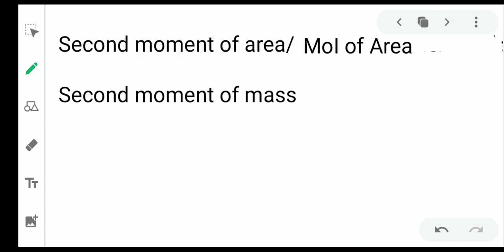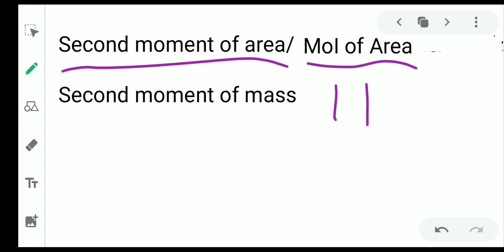Sometimes, instead of force, we use the area or mass of the body. Simple thing: the area of a cross section or the mass of the body is taken to calculate the moment or second moment. So when we take area, the second moment is called the second moment of area or moment of inertia of area.